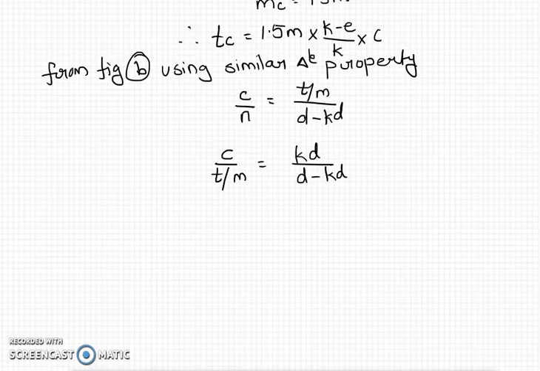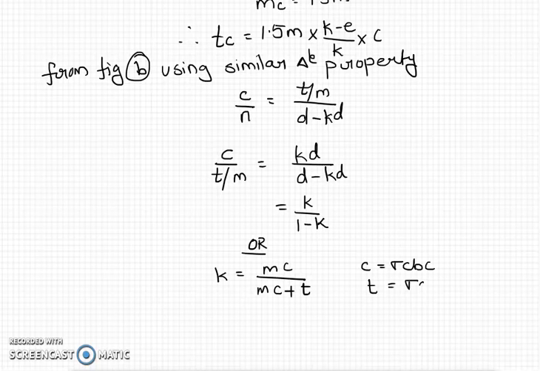Again if you take the D common, we get K upon 1 minus K. Or if you just simplify this, okay, you get K is equal to MC upon MC plus T, where C is sigma CBC and T is sigma ST. Therefore, K value for a doubly reinforced section and for a singly reinforced section is the same.